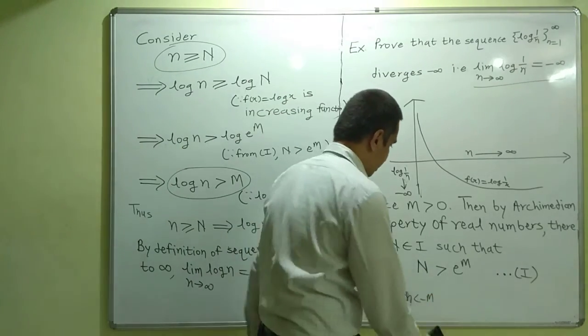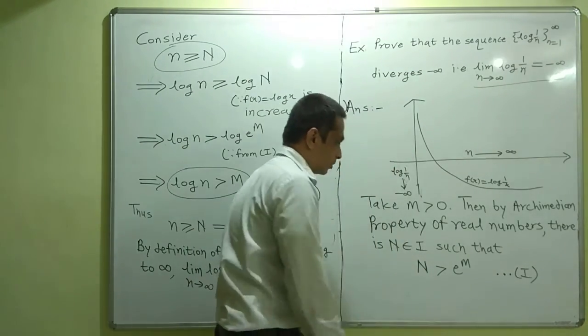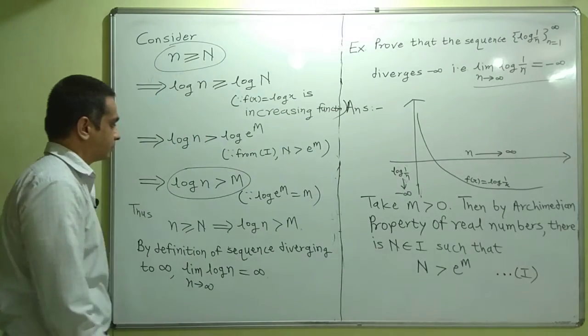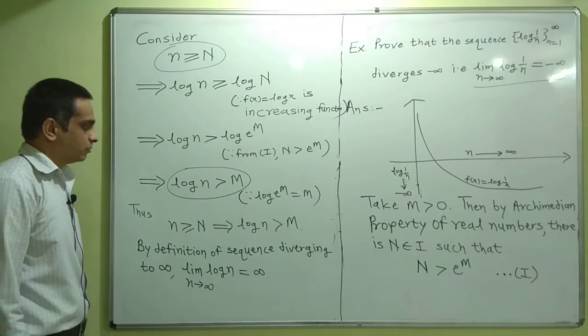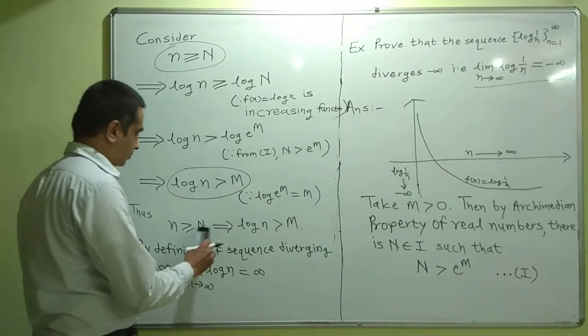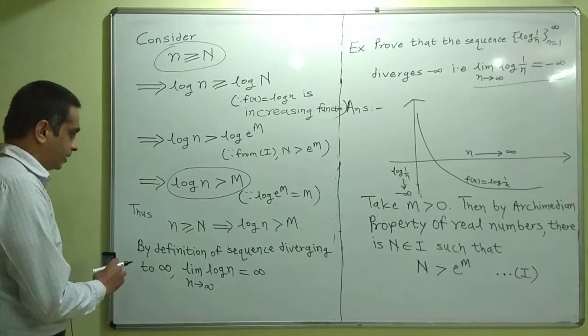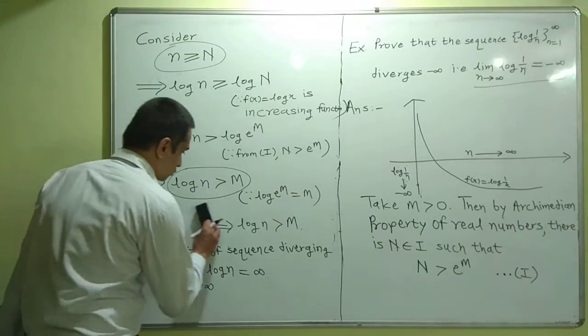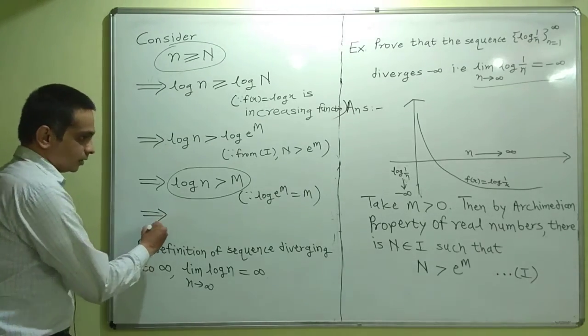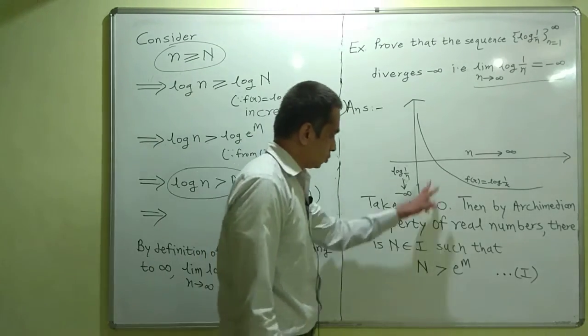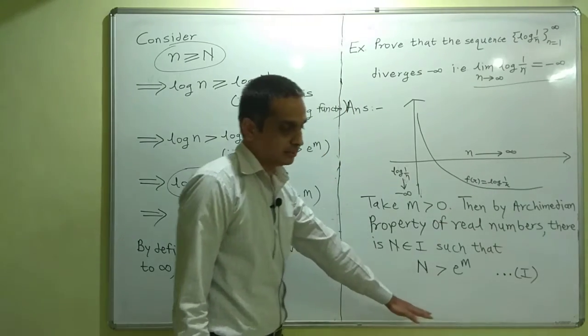We are going to apply the Archimedean property and the same m will work, but with one additional step. Can you guess what the additional step will be? The additional step will be to multiply by minus 1. Let me go through the entire argument once again.